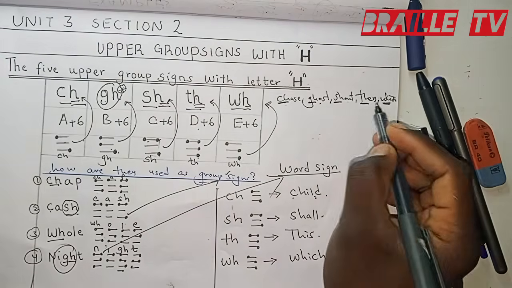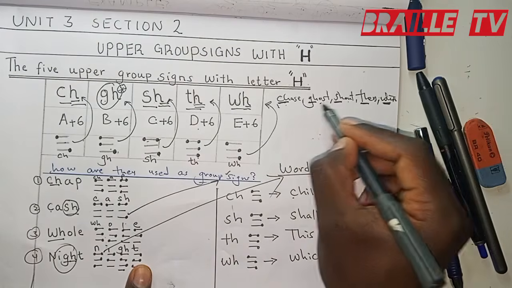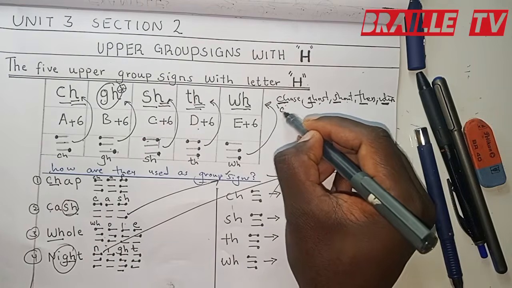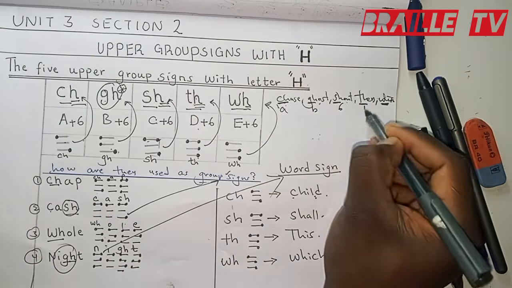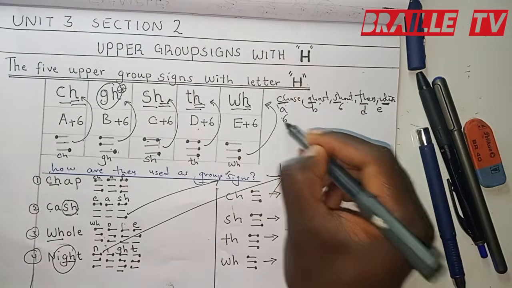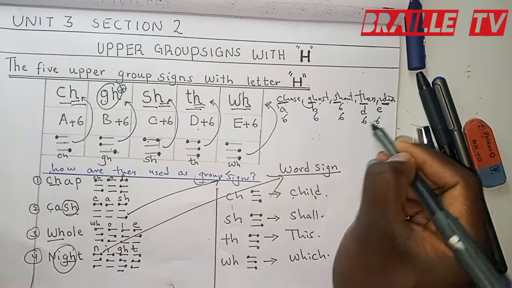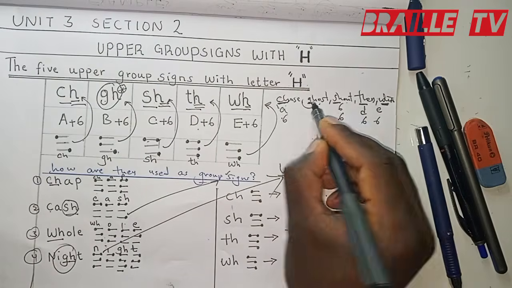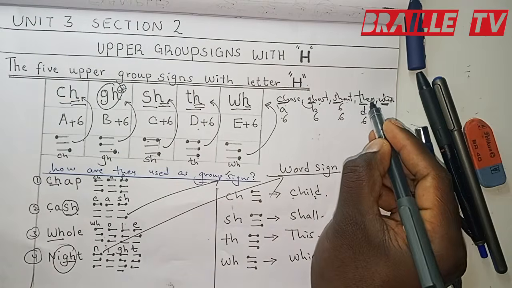So this is how they follow each other. We start with letters A, B, C, D, E, and you add dot 6 to each letter to get CH, GH, SH, TH, and WH.